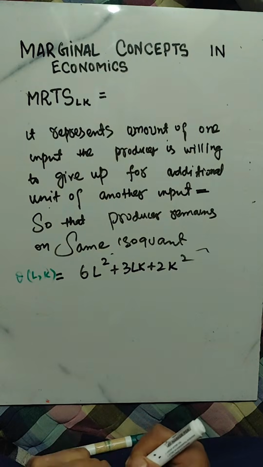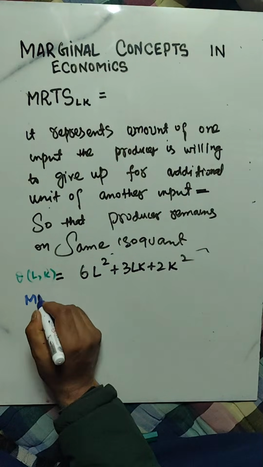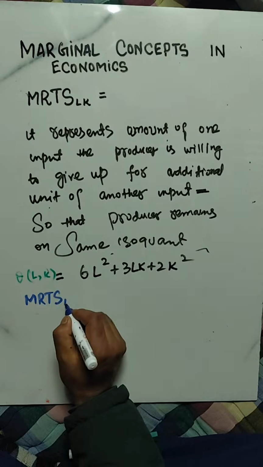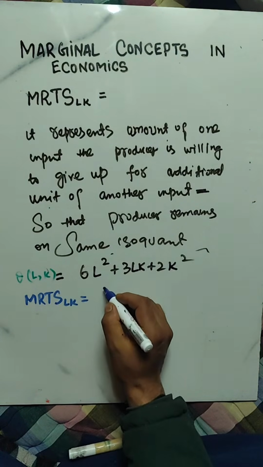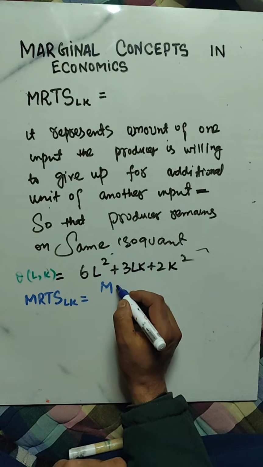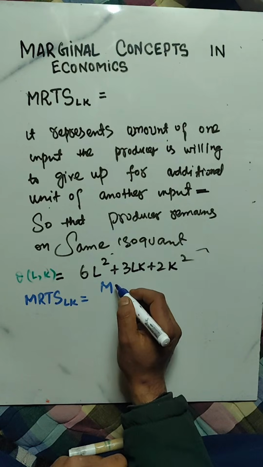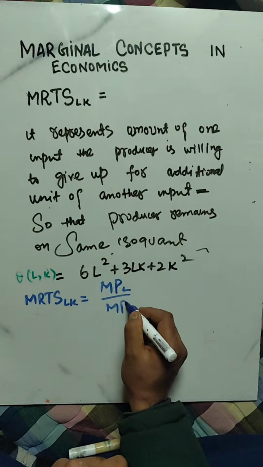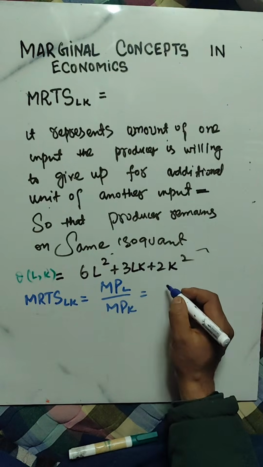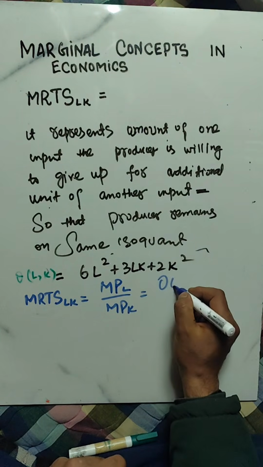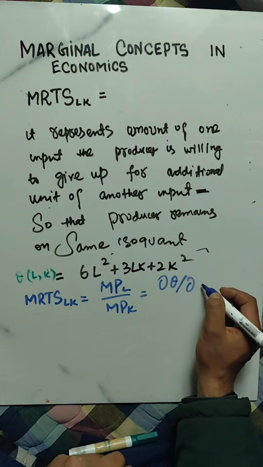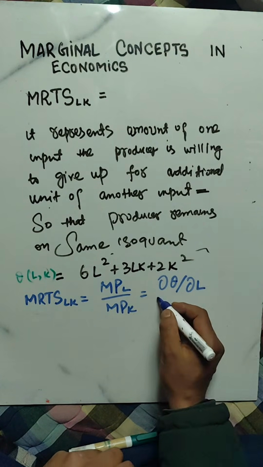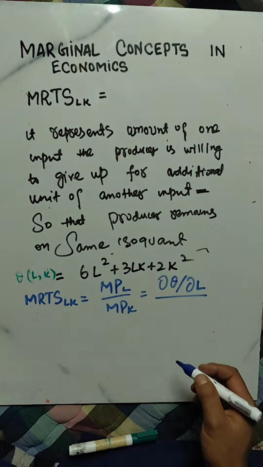Now, marginal rate of technical substitution between labor and capital will be the ratio of the marginal product of labor upon marginal product of capital. That will be the change in the total output due to the change in the units of labor employed, that will be marginal product of labor.